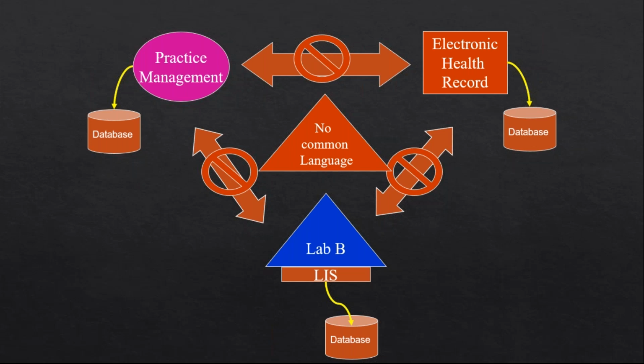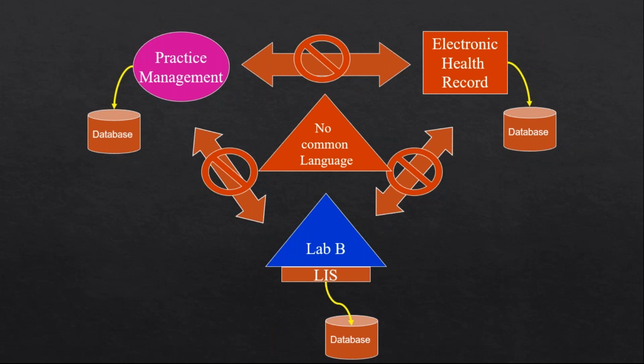In the same way, HL7 also operates more or less in the very same way. So let's look at the example of why it has come into existence. Earlier, when we had a PM system, it is software, right? Every software has a front end and a back end, the front end application and the back end database. And then we have EHR, and EHR has its own front end application and back end database.